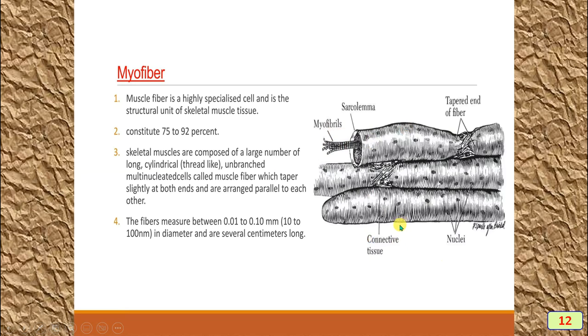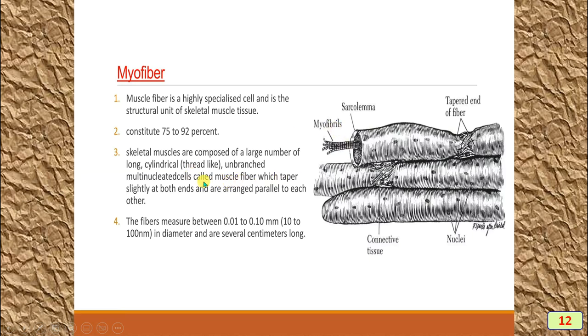In between two muscle fibers, there is connective tissue which binds them, and the nucleus of every cell is visible. So, skeletal muscles are composed of a large number of long, cylindrical, thread-like, unbranched, multinucleated cells called muscle fibers.